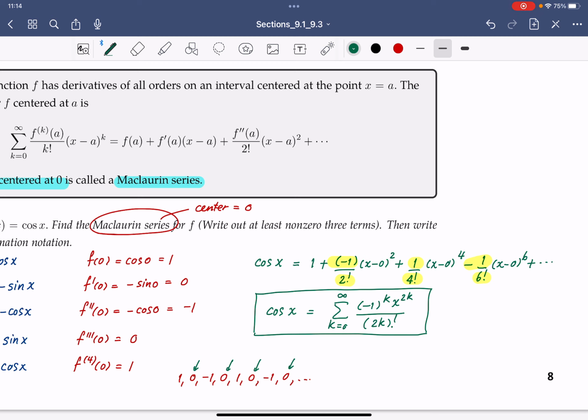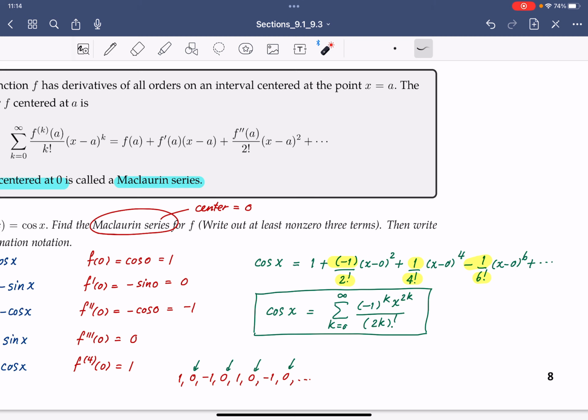After this point, once you have the Taylor series of cosine, we're going to learn how to make the series of cosine 2x, cosine x squared, cosine x plus 1. You can do anything because you can just plug in. You're going to get another series for cosine x plus 1, or you can do cosine root x, because you can plug in here.